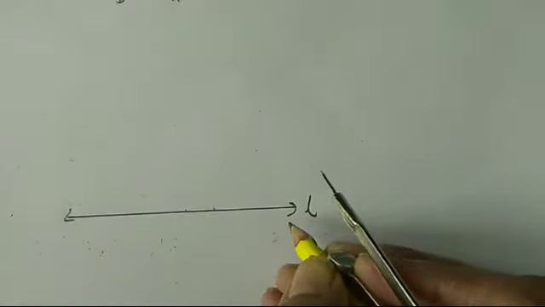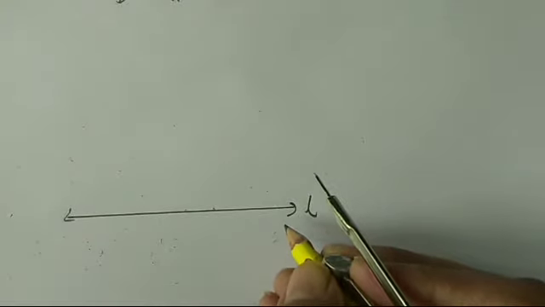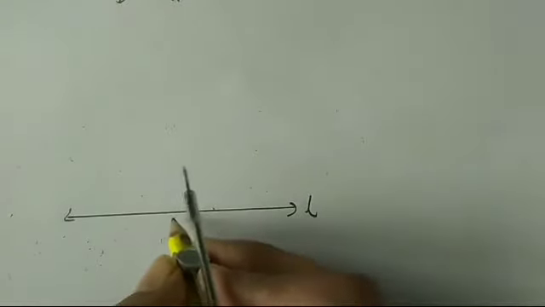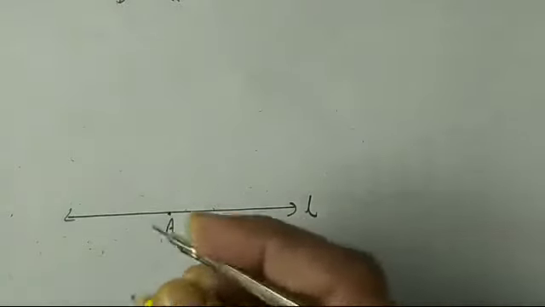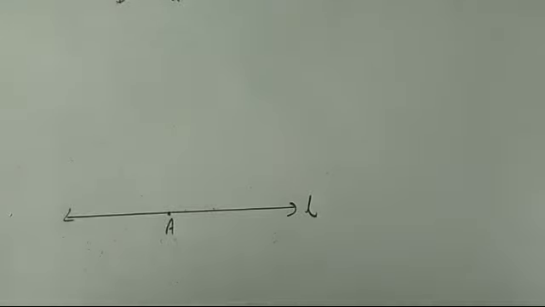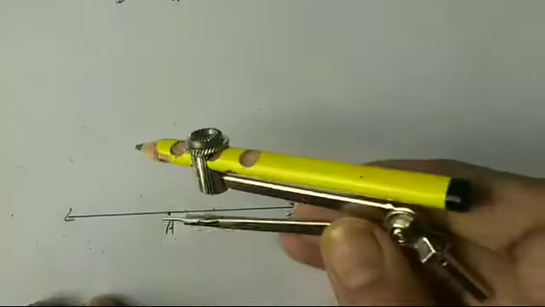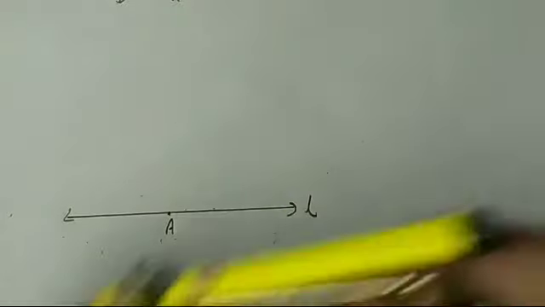Now draw a line perpendicular to L at any point on L. Suppose we have taken this point A on L. Now we have to draw a perpendicular from this point A on the line L. Taking A as a center, we cut an arc.